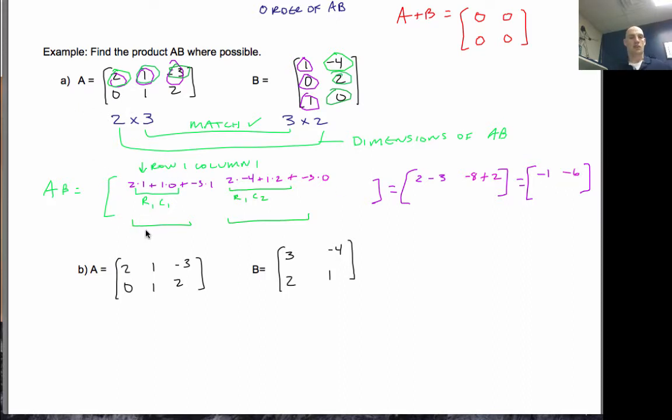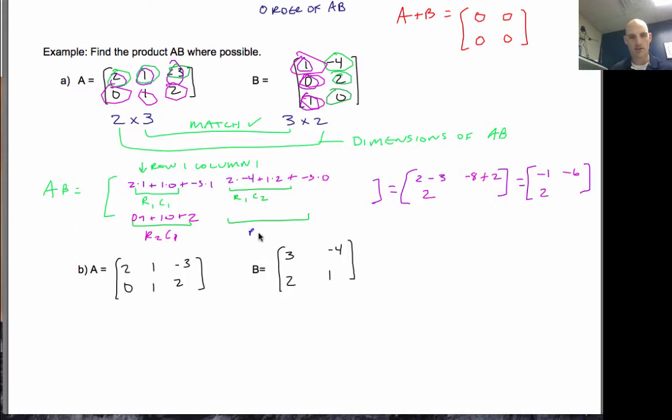This element here is row 2, column 1. So it's going to be row 2 times column 1. I've got 0 times 1 plus 1 times 0 plus 2 times 1. So that's a 2. Carry it all the way over.